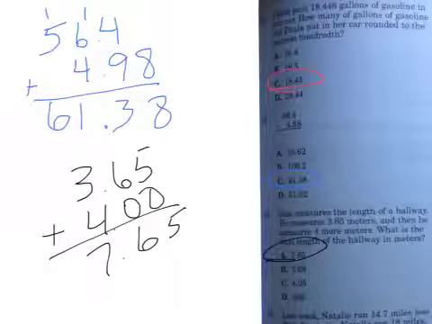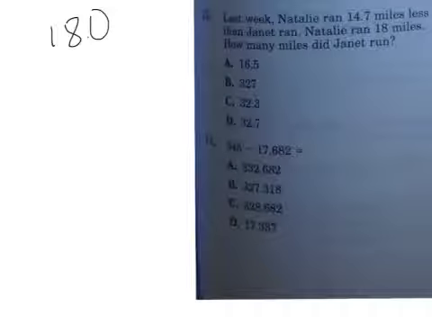Let's go to number 13. Number 13 reads, last week Natalie ran 14.7 miles less than Janet ran. Natalie ran 18 miles. How many miles did Janet run? So when we're adding our decimal numbers, we're going to write the 18 as 18.0, and we're going to line up the decimals, and then we're going to add the digits in the like place value.